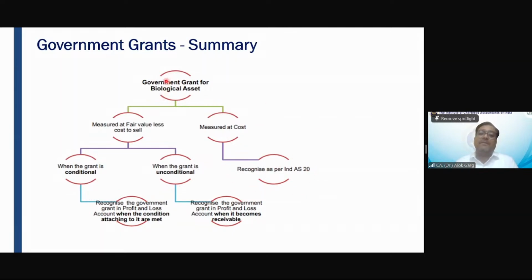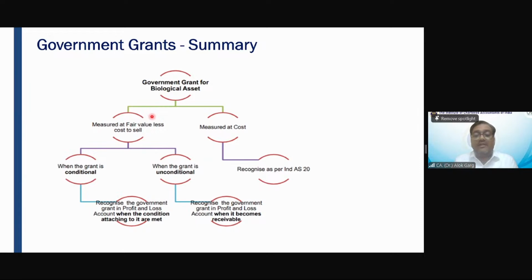But if the company has got a government grant for a biological asset which is measured at fair value less cost to sell, when will a biological asset be measured at fair value less cost to sell? When it is covered under Ind AS 41.